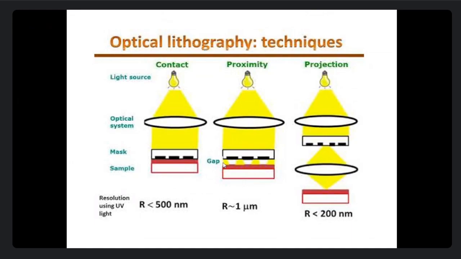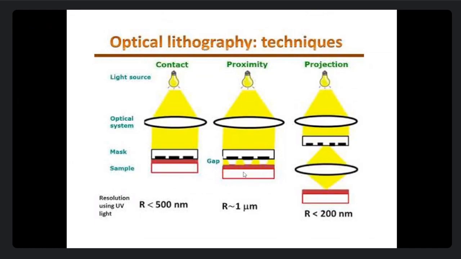Basically, due to the diffraction property of light, a portion of the light will be lost, which you cannot recollect or recover, and as a result, the image that you actually want to transfer onto the surface will be distorted.